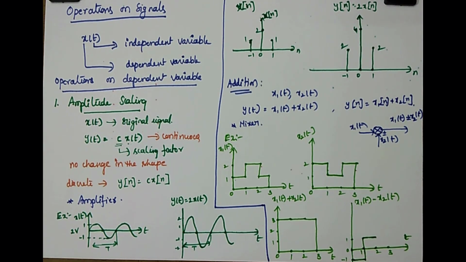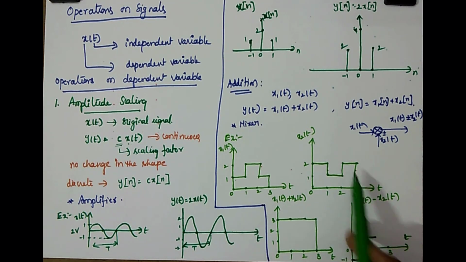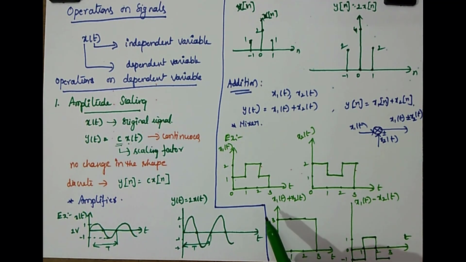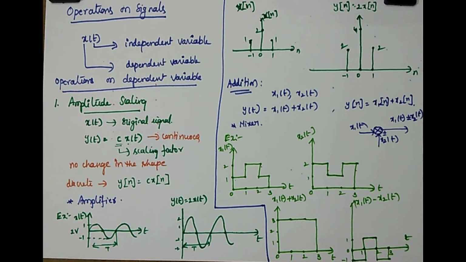Between 2 and 3, this is 1 and this is 2. So it is 1 minus 2, which is minus 1. So again it goes to minus 1 and remains. Okay, so now at 3, the two are 0, so it is 0. So this is your x1 of t minus x2 of t.